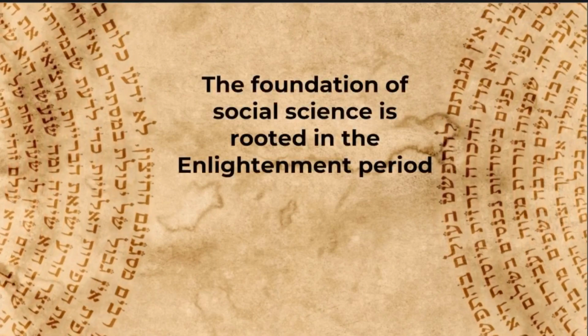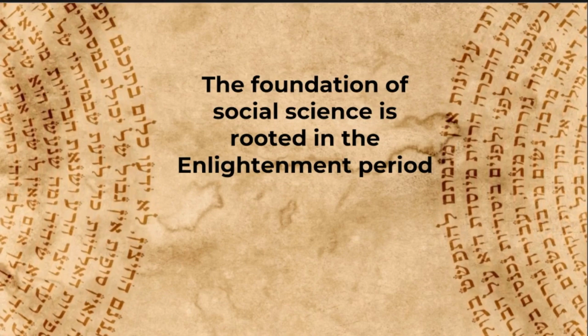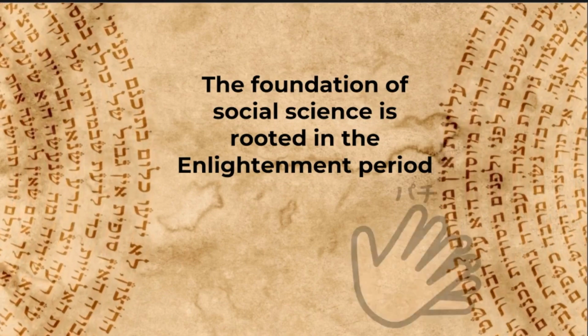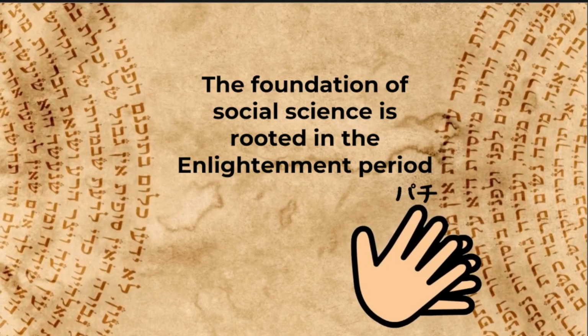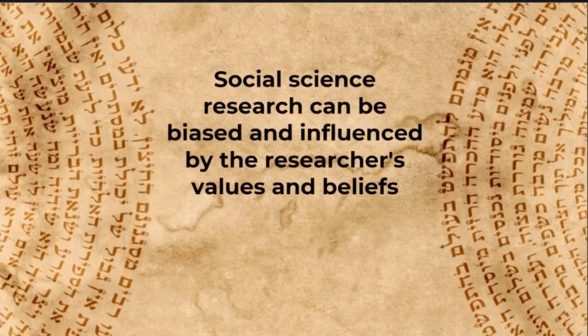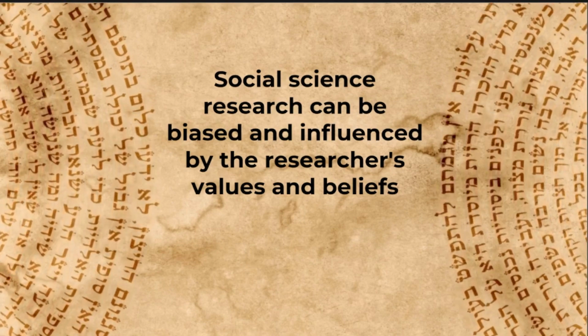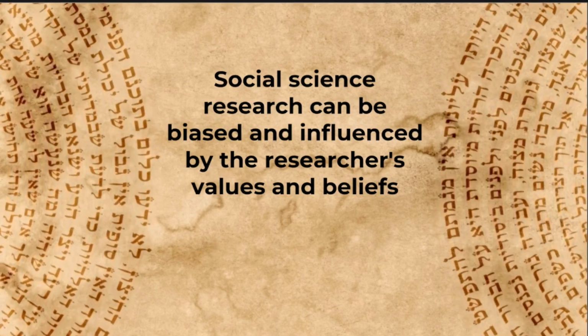The foundation of social science is rooted in the Enlightenment period. Social science research can be biased and influenced by the researcher's values and beliefs.